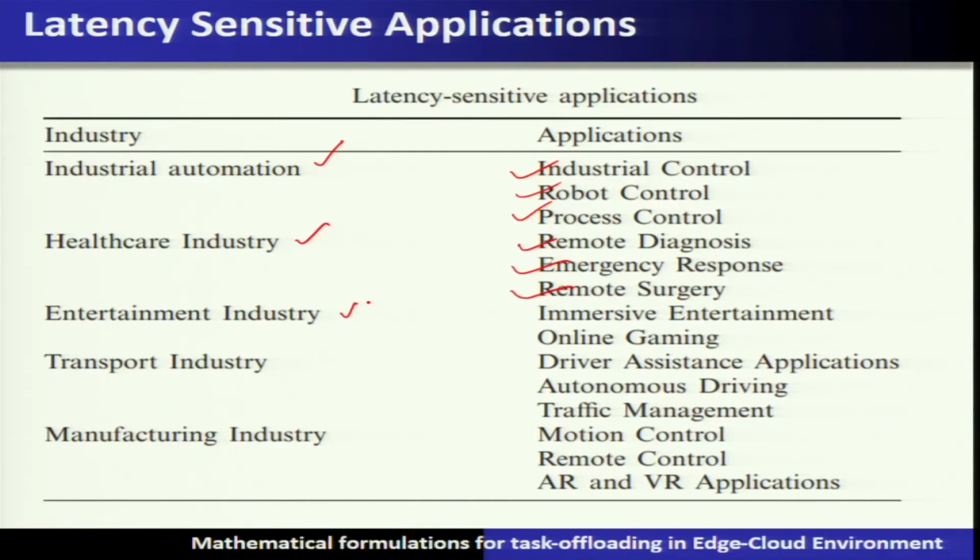For the entertainment industry, these latency sensitive applications are immersive entertainment, online gaming, and for the transport industry, such latency sensitive applications are driver assistant applications, autonomous driving, traffic management. For the manufacturing industry, it is motion control, remote control, AR and VR applications. So, these are all latency sensitive applications.